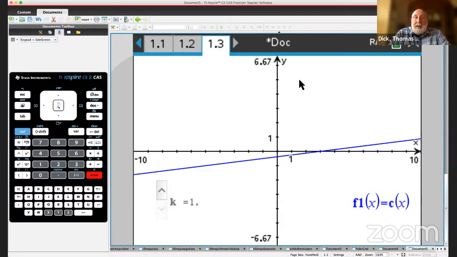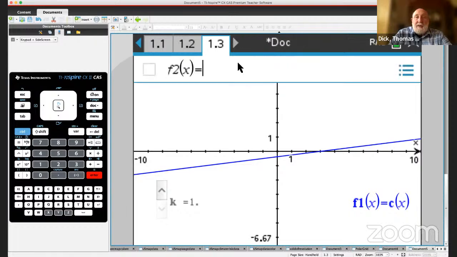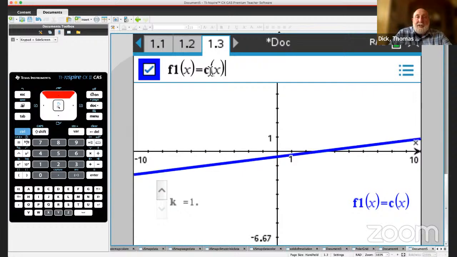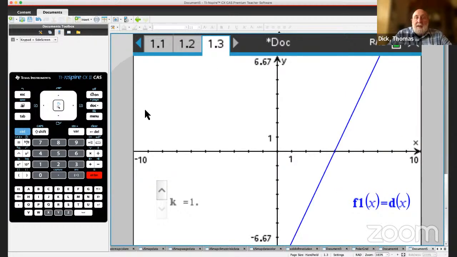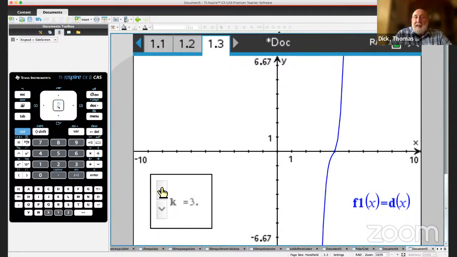I'll change my f1 of x to d of x. And now let's just take a look at what happens as we increase k. Wow.